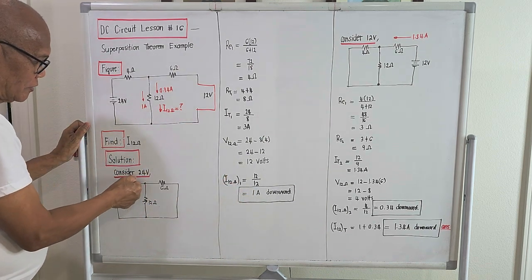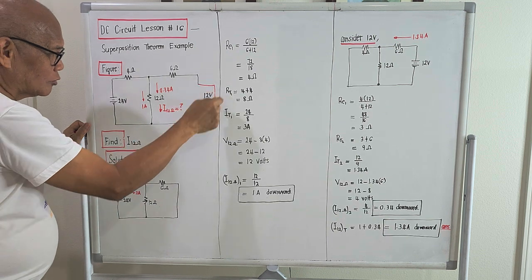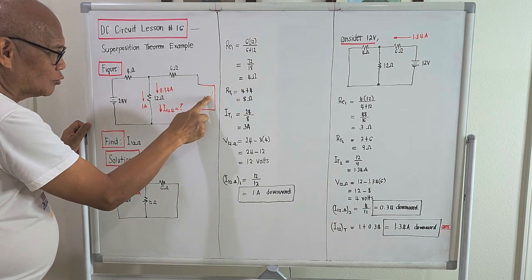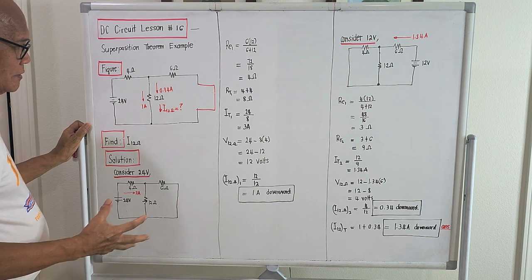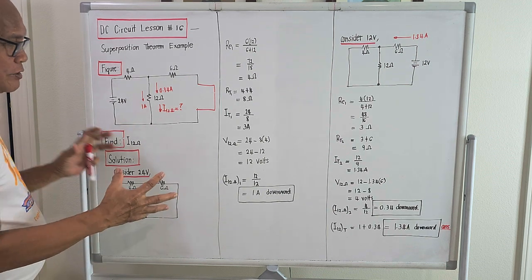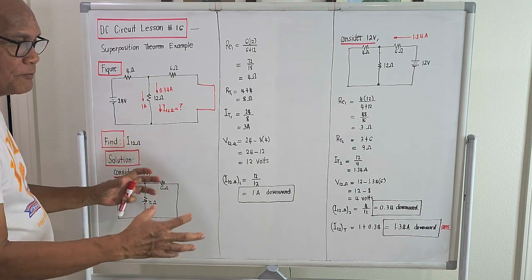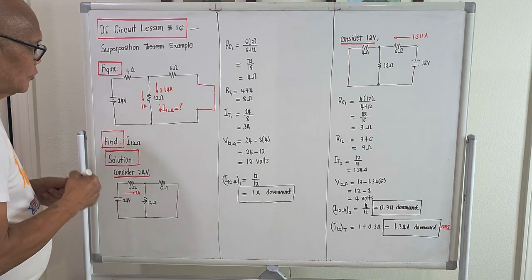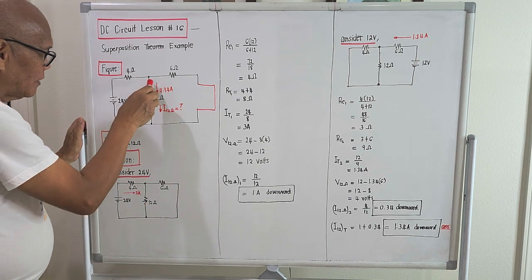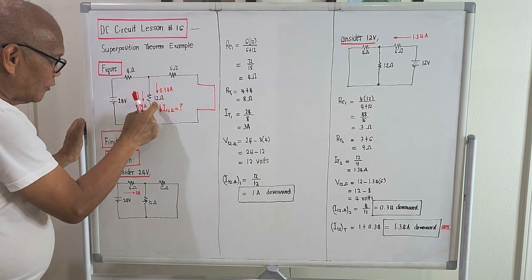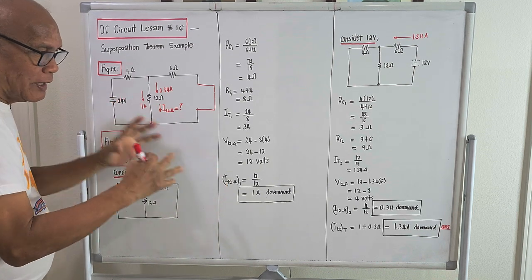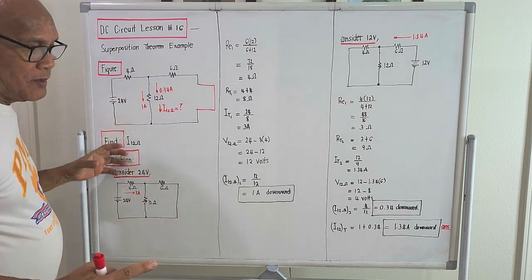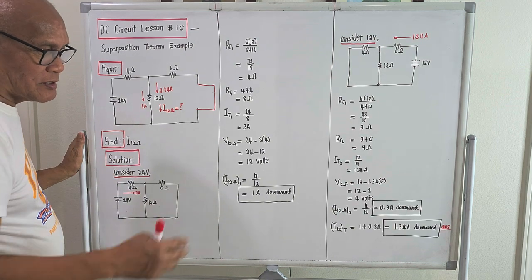So if we consider the 24 volt source, we short out the 12 volts, so it seems that the 12 volt is gone. By using our knowledge of the so-called series-parallel concept, we can compute the current passing through this 12 ohm due to the 24 volt source. To do that, we must first simplify the resistances.